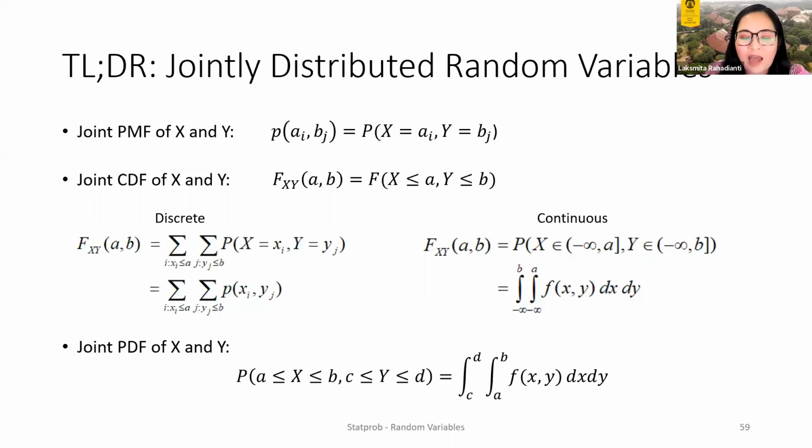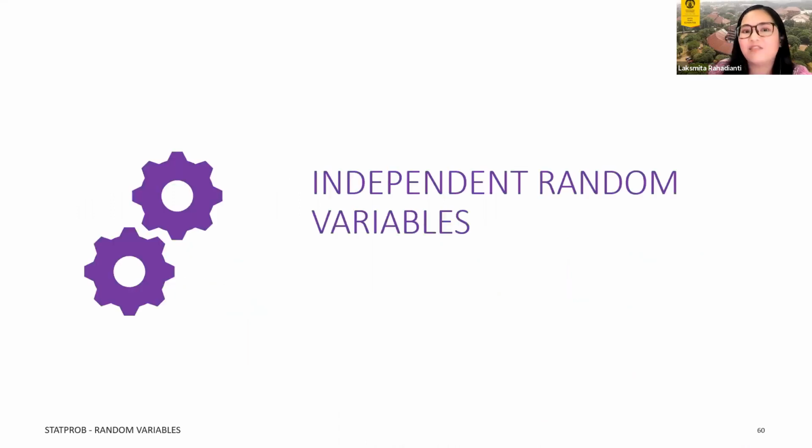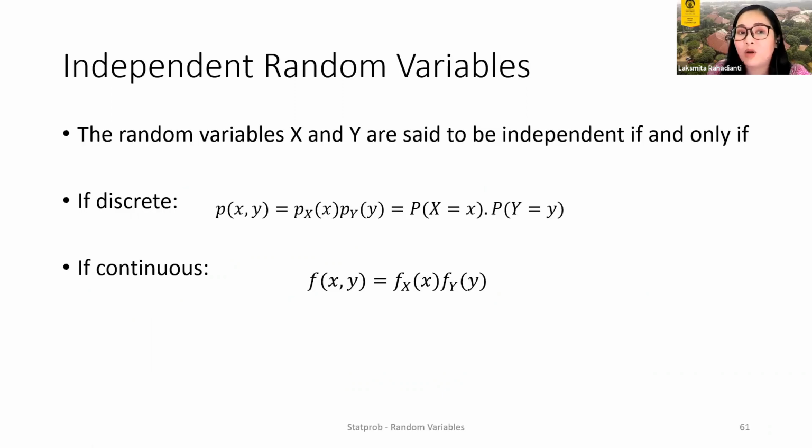So we also have independent random variables. Remember, we also had independent events, and we showed that if the probability of the intersection equals the product of the individual probabilities, then they can be denoted as independent. Same goes for random variables.